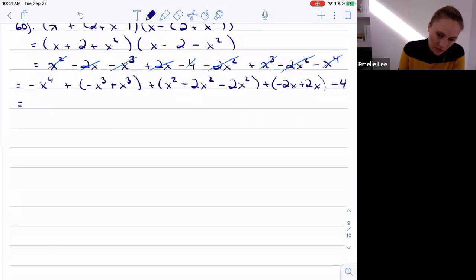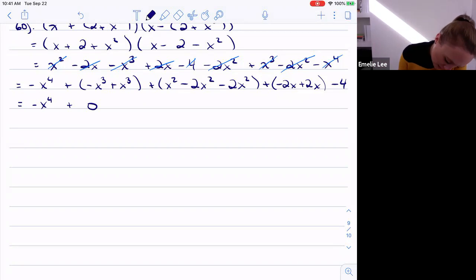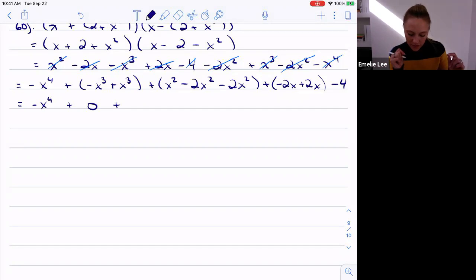So now I'm going to simplify inside each of these. So simplify the like terms. So I've got negative x to the 4 plus 0. And like I said, if you just want to ignore that 0, just plow through it. That's great. No worries. Just want to show you where it came from. And then I've got plus x squared minus 2x squared minus 2x squared. So that's going to be 1 minus 2 minus 2x squared, right?